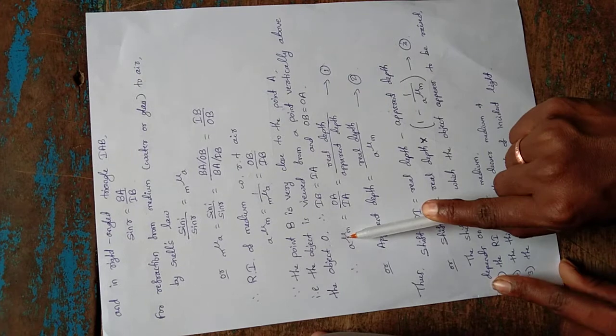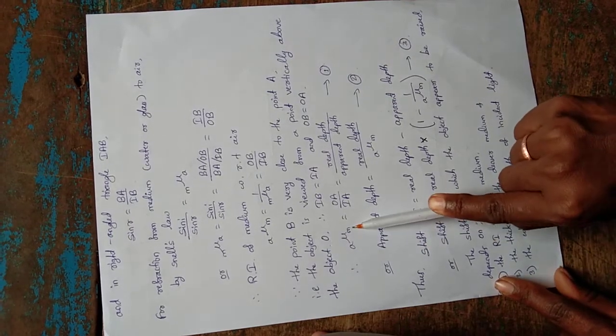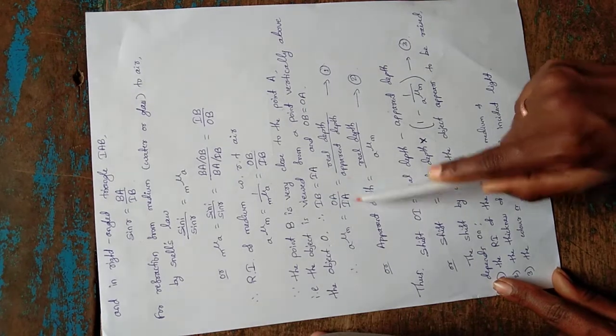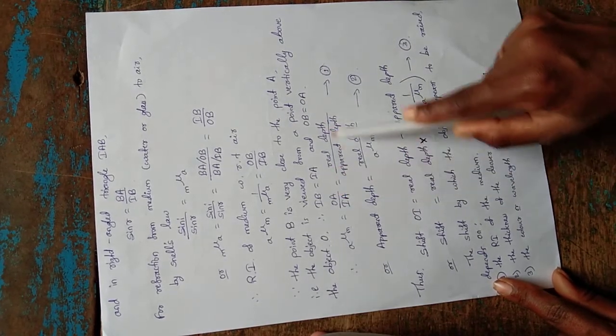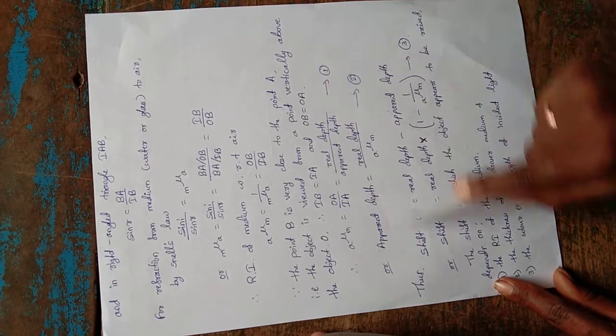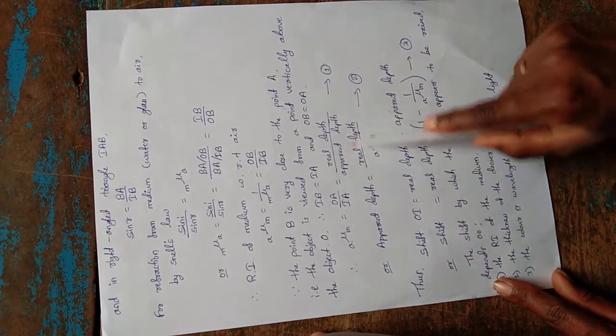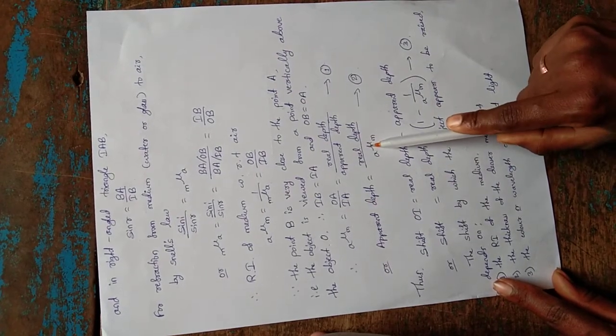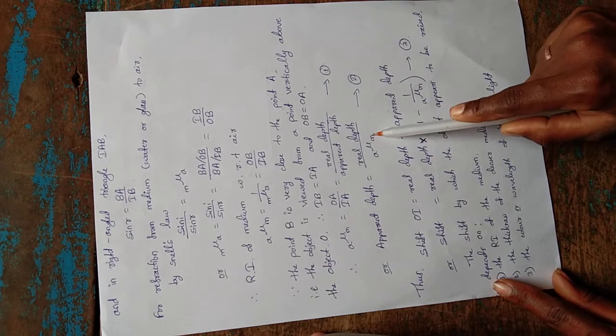Therefore, the refractive index of air with respect to medium is equal to OA by IA, where OA is the real depth and IA is the apparent depth. This is our equation number 1. Or apparent depth is equal to real depth upon the refractive index of the medium with respect to air.